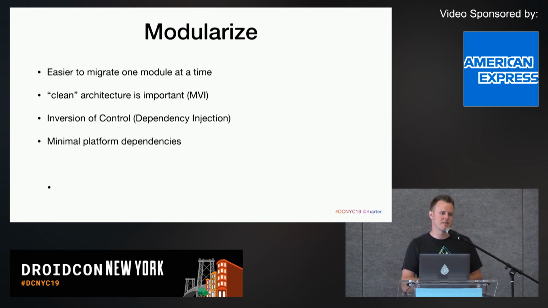And we want to minimize our platform dependencies. This is something that's not really unlike a lot of what we do in trying to improve our build times and that kind of stuff. A lot of us, I at least, try to make the inner layers not have an Android dependency, just Java, just Kotlin, whatever that might be.